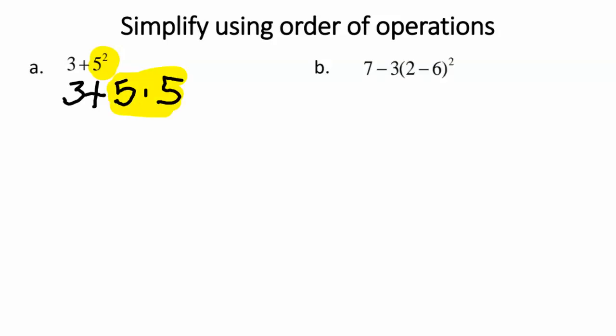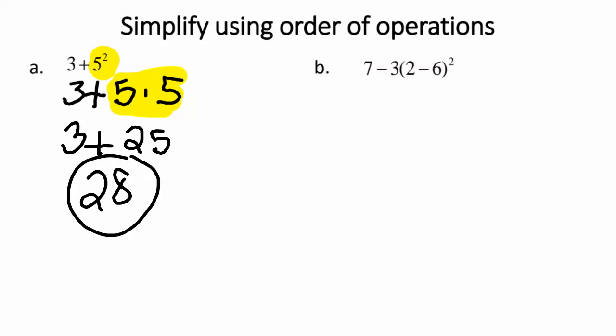And remember, order of operations says that I multiply, which means that this is 3 plus 25, or 28.